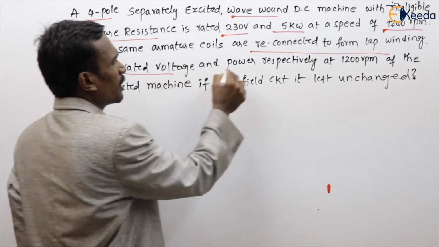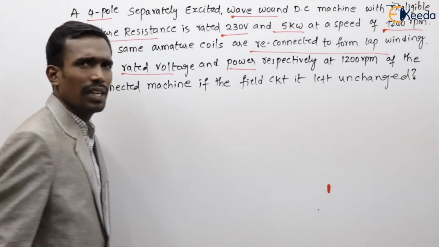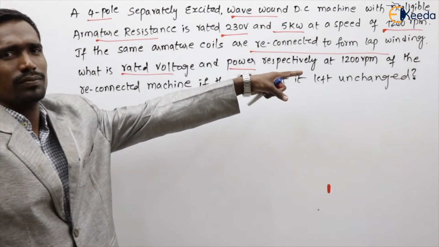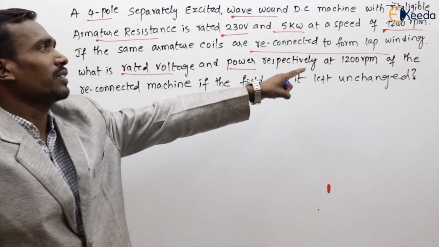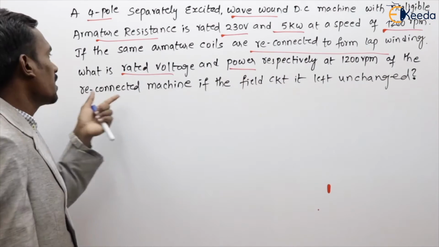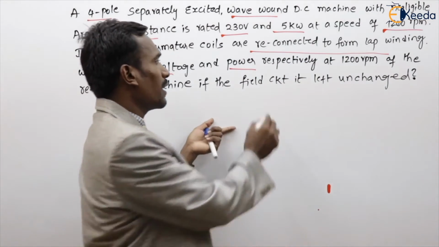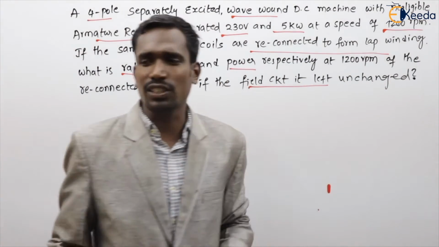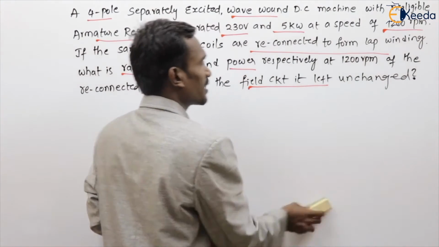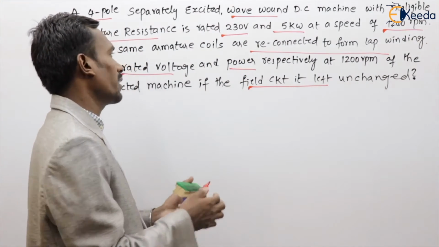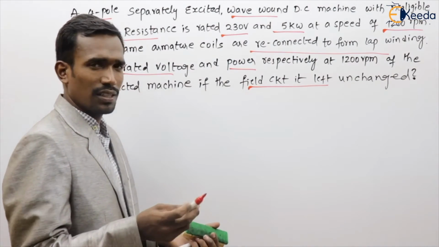What are the rated voltage and power respectively at the same speed, 1200 rpm, of the reconnected machine, if the field circuit is left unchanged? What are the power and voltages?